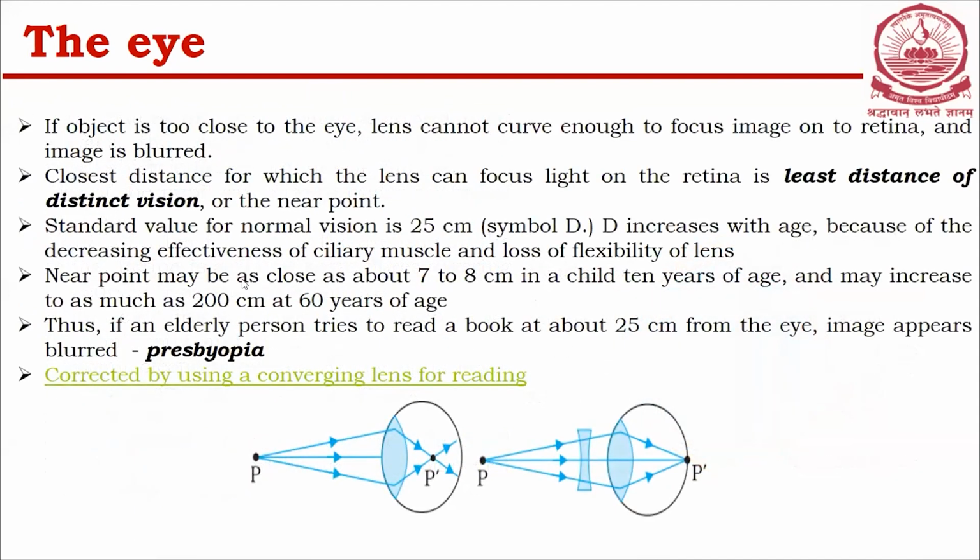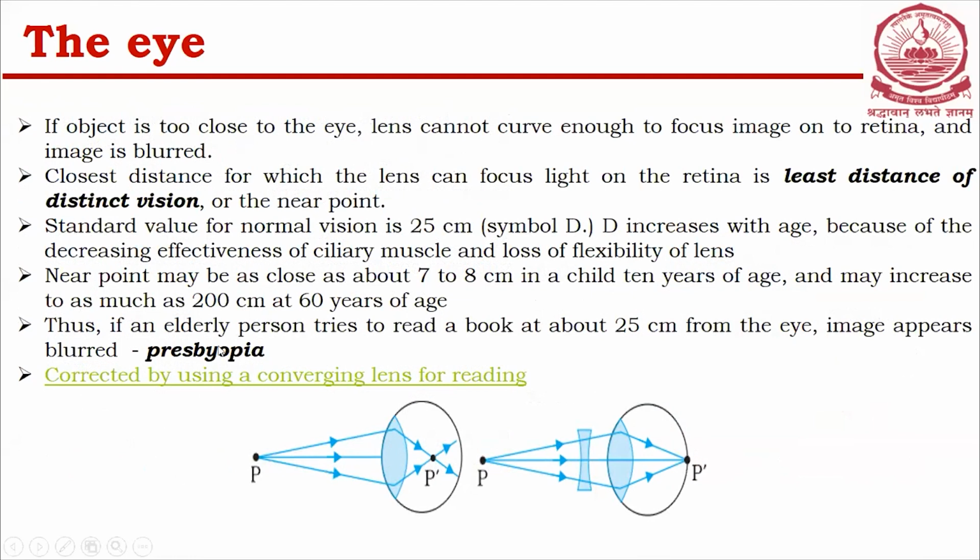The near point may be as close as 7 to 8 centimeter in a child of 10 years of age, because at that time also it may not have that much flexibility, and it may increase to as much as 200 centimeter at 60 years of age.